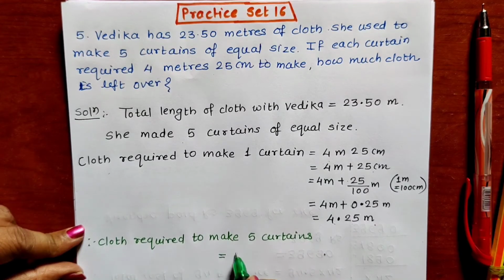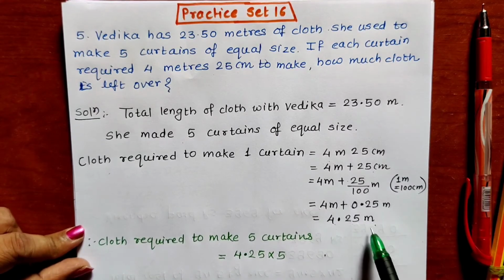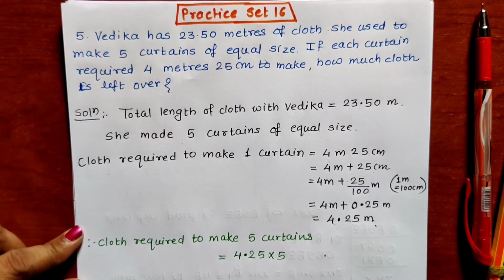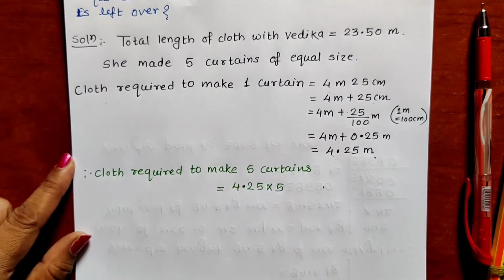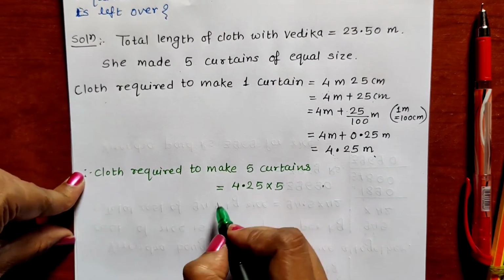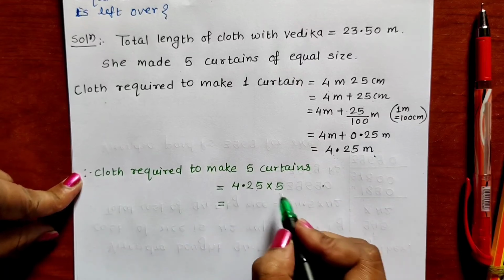We have to multiply 4.25 by 5, because for one curtain we require 4.25 meter of cloth. So for 5 curtains we will be requiring 4.25 multiplied by 5. Multiply directly, you can multiply orally.